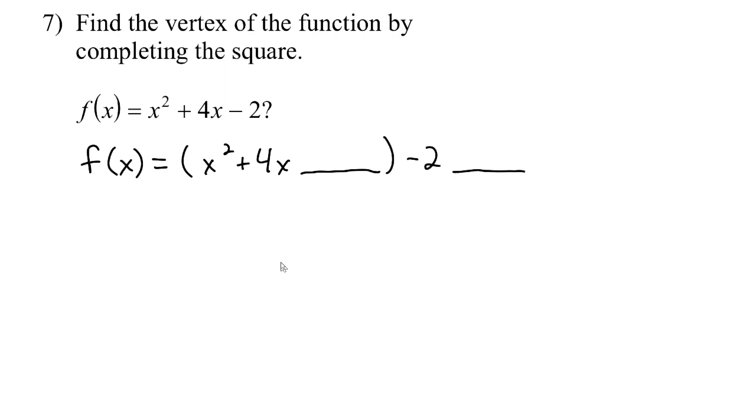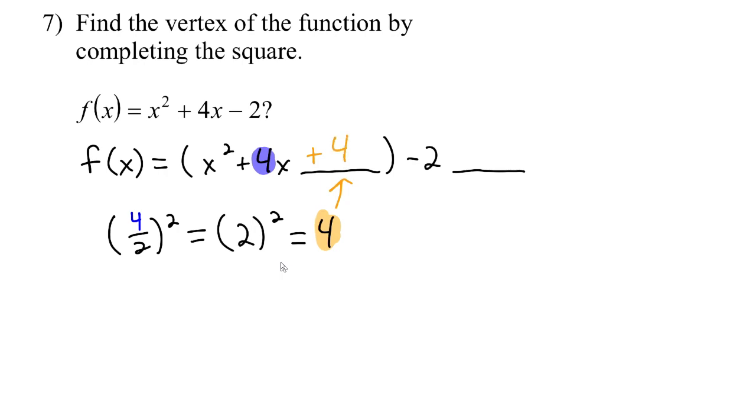So I'm going to take the 4, and I do 4 divided by 2, and I'm going to square that, and that's going to be 2 squared is equal to 4. So I'm going to take that 4, plug it into the blank, and then I'm going to balance the expression by subtracting 4.